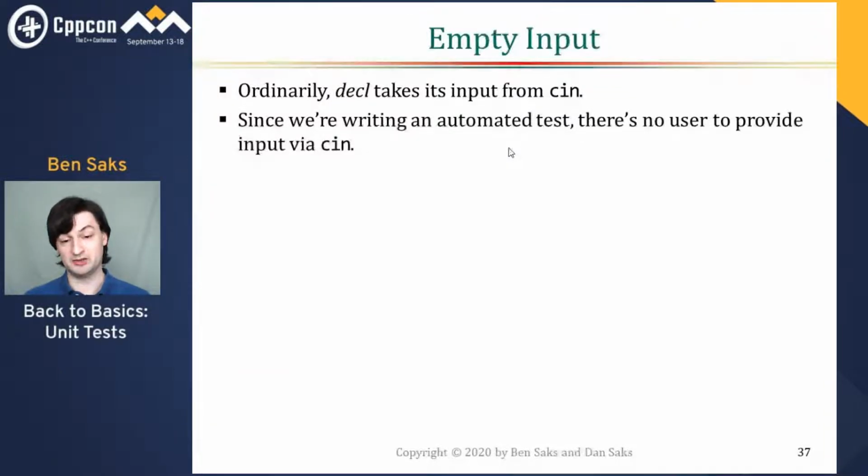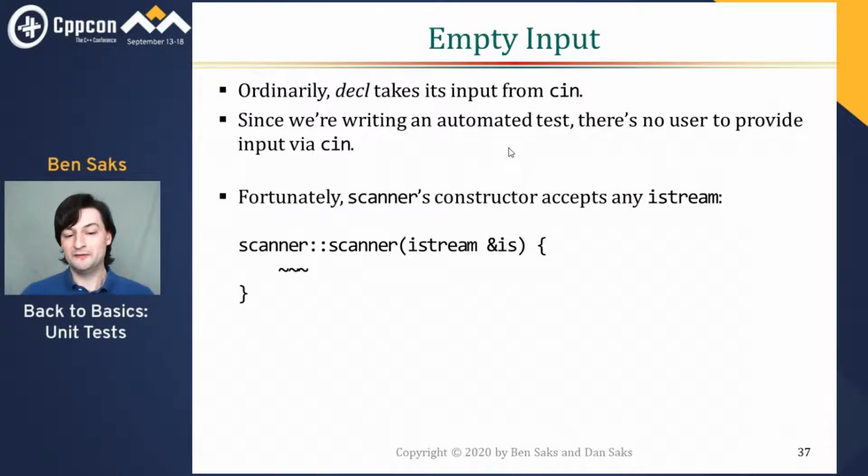Now, since this is going to be an automated test, it's not very automated if a user has to sit there and type in the input that we're intending to test. So that's not going to work very well for us. Fortunately, we've written scanner's constructor to work with any istream, not just with standard in. So we can pass in another kind of istream and use that as the input to the scanner.